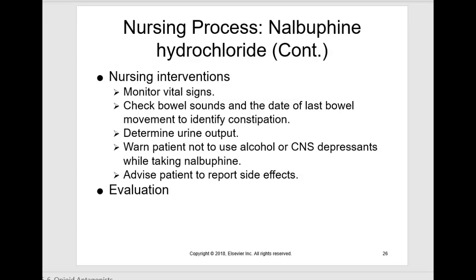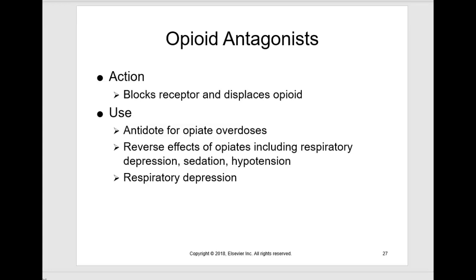Next, I'm going to talk about opioid antagonists, and if you remember, an antagonist is a blocker. So opioid antagonists are considered the antidotes for opioid analgesics. The opioid antagonists have a higher affinity to the opiate receptor than the opioid being taken.